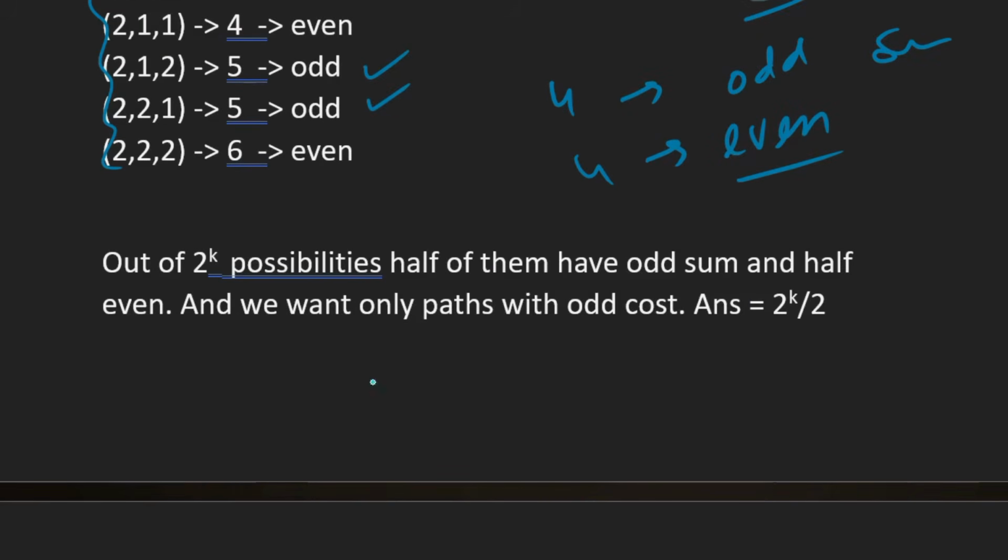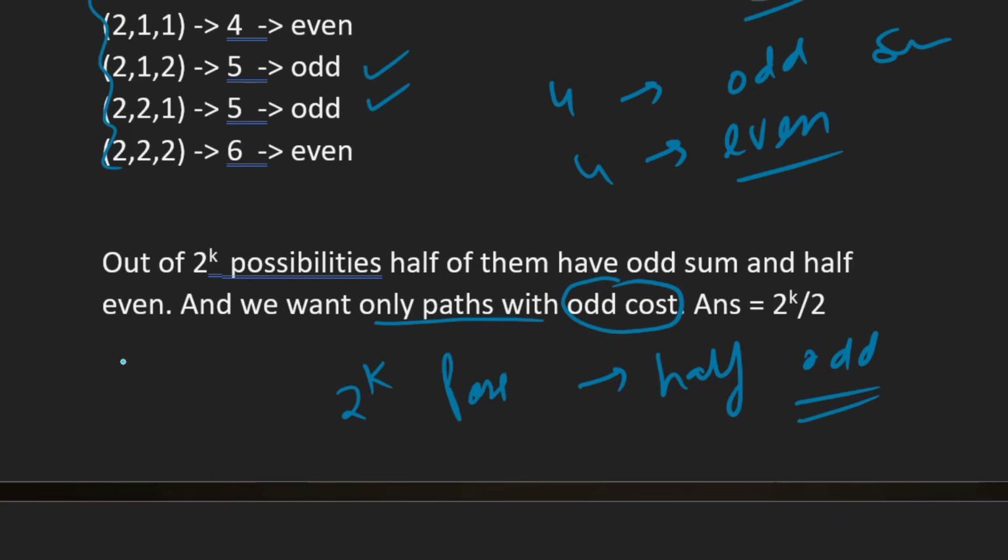So out of 2^k possibilities, half have an odd sum. And as we know, in the question we only want the path that has odd cost. So how many have odd? That is 2^k total divided by 2, right? So it will be 2^(k-1).